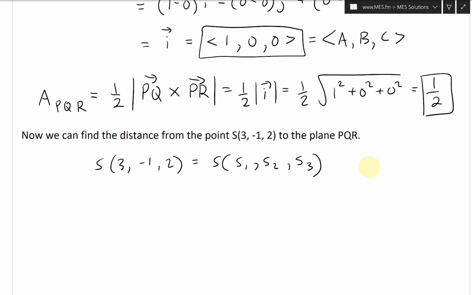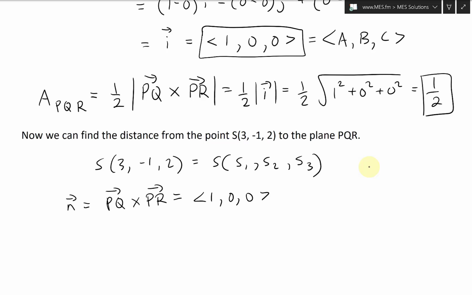So we know that the normal vector of the plane is, in our case, PQ cross PR, and this equals 1, 0, 0. And then this equals A, B, C, like that.